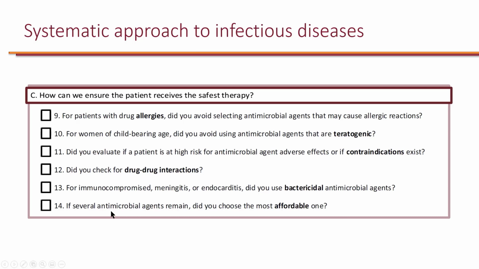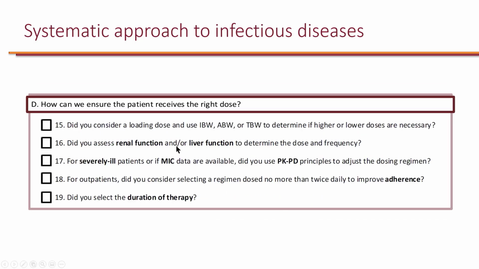So if something is ridiculously expensive, we have to also consider cost. It's not that we want to go with the cheapest option. We want to find a balance between something that's effective, something that's safe, and also not unreasonably expensive, if we have multiple options.